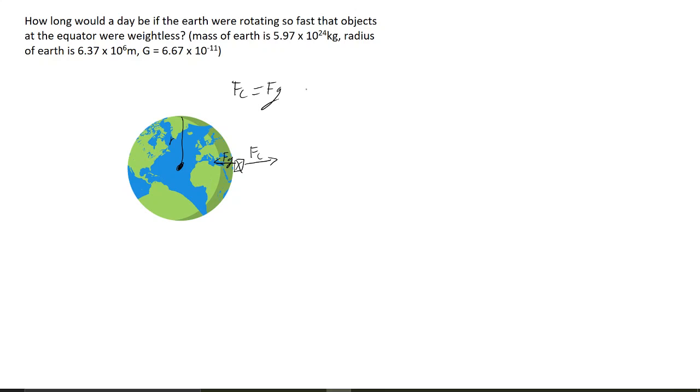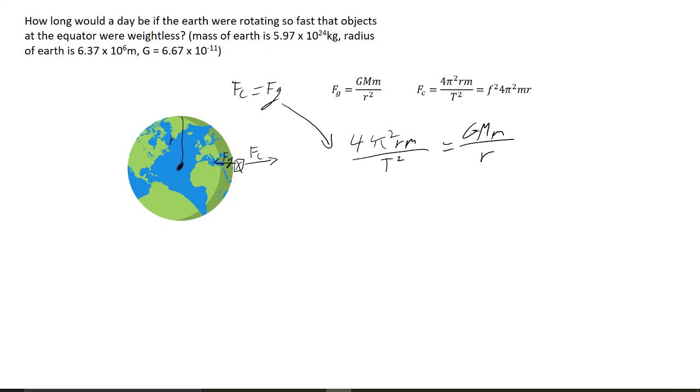So now that we've established that, we can use these two formulas to solve the equation. We put in Fc equals 4 pi squared Rm over T squared, and Fg equals big G big M small m over R squared.